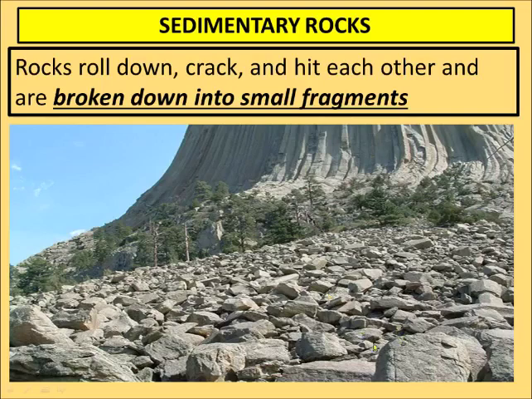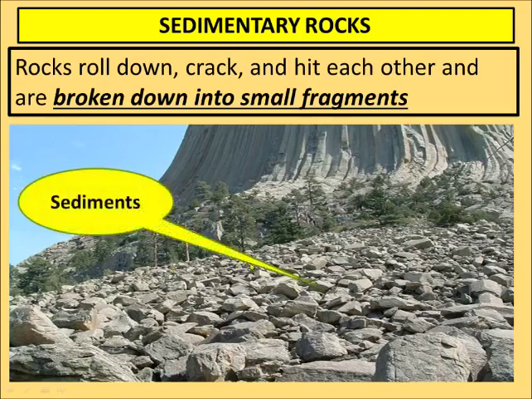Suppose one rock is hit with another, then they crack and are broken down into small fragments, and these fragments are known as sediments. These small pieces of the big rock, when they hit each other, break into small pieces, and those small pieces are known as sediments.